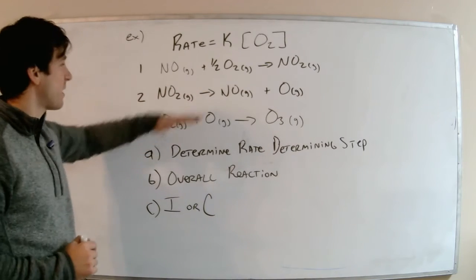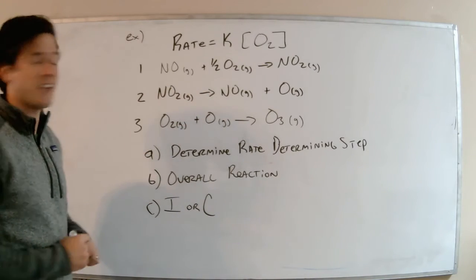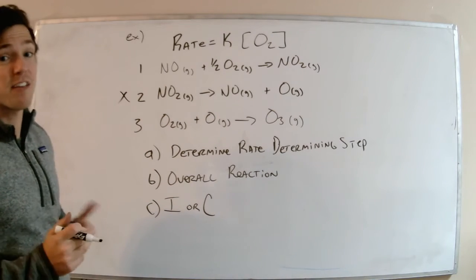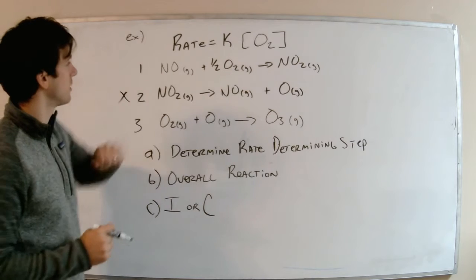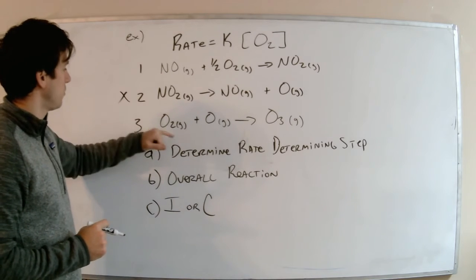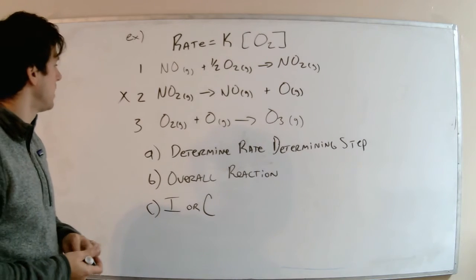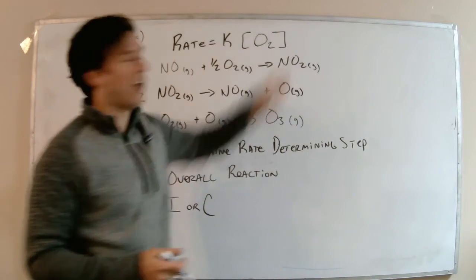Which one of these reactions has O2 on the reactant side that will match up with this rate law? If I look at step 2, there's no O2 on the left side, so it's definitely not that one. But if I'm looking at number 1, there's O2 on the left side. There's also O2 on the left side here. But as you can see, our rate law is first order in O2.